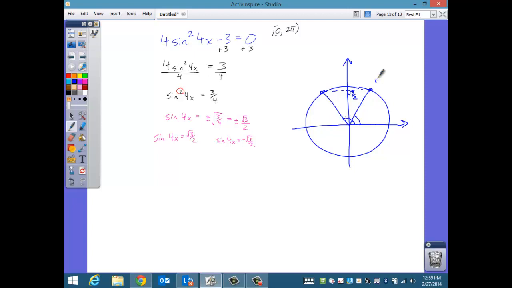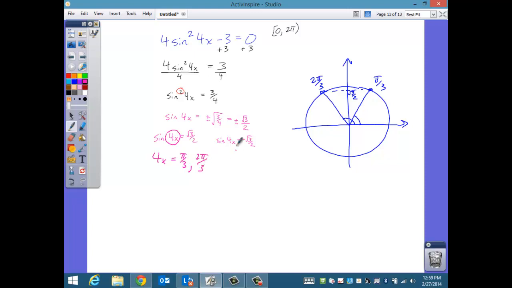So this is going to be pi over 3, and this is going to be 2 pi over 3. So what that means, guys, doesn't mean that those are solutions. x does not equal pi over 3. What that means is 4x, because this is the argument. Sine of 4x equals this, so then 4x itself is going to equal pi over 3 or 2 pi over 3.